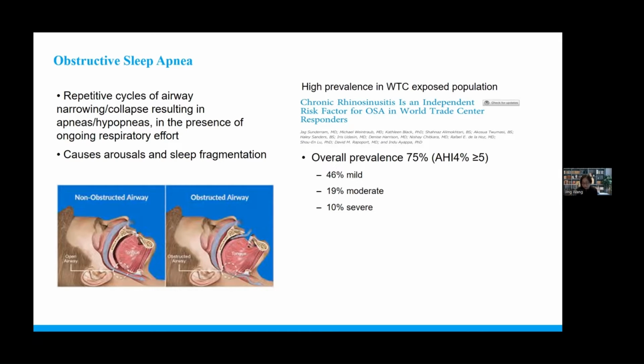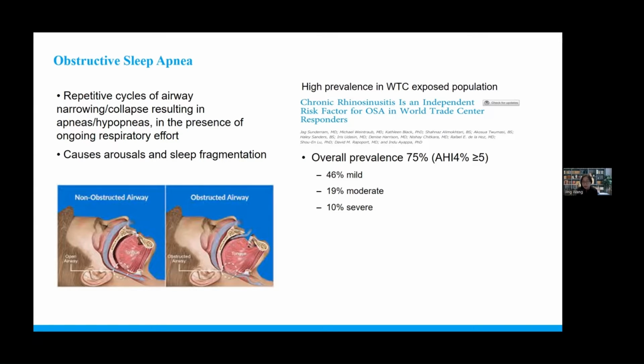Like I said, in the World Trade Center population, as we already know, there is a high prevalence of OSA. You'll see this paper, with many familiar names on the author list. In this particular paper, 75% of people had an AHI-4 greater than or equal to 5, so at least mild OSA.